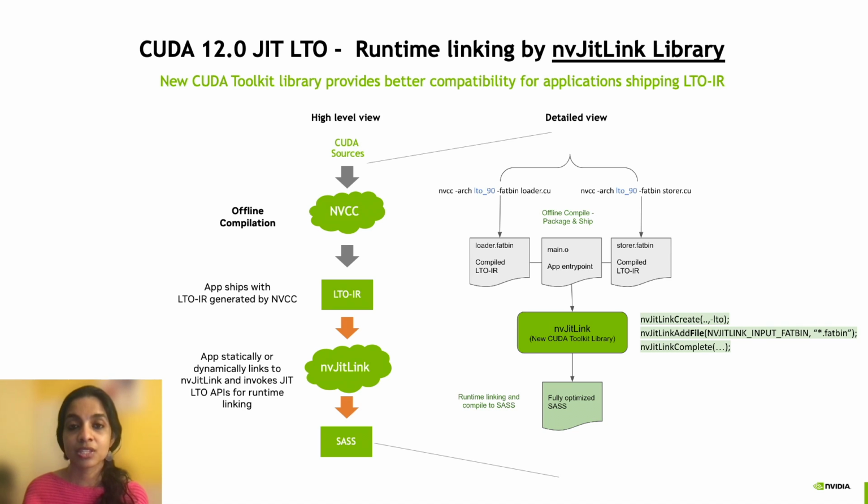Let's consider the case where you're using NVCC for your offline compilation. You will be compiling your .cu files into a fatbin with LTO-IR and shipping that. But your main application has to load these fatbins and call into the nvJitLink APIs, and then the nvJitLink API can perform link time optimization on these LTO-IR objects to produce fully optimized SASS.